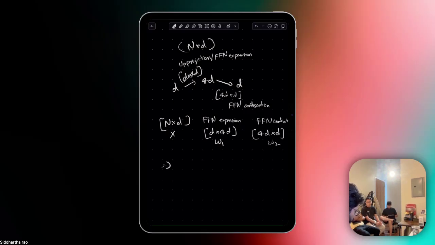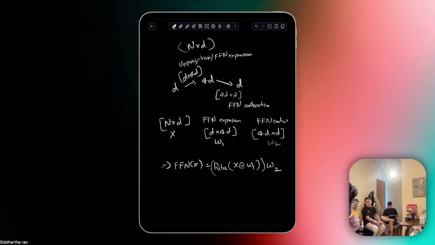And the final FFN output is x times W1, then ReLU, then times W2. This is all that is happening in the FFN block.